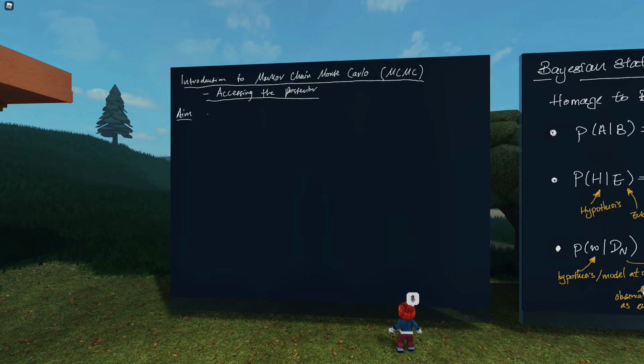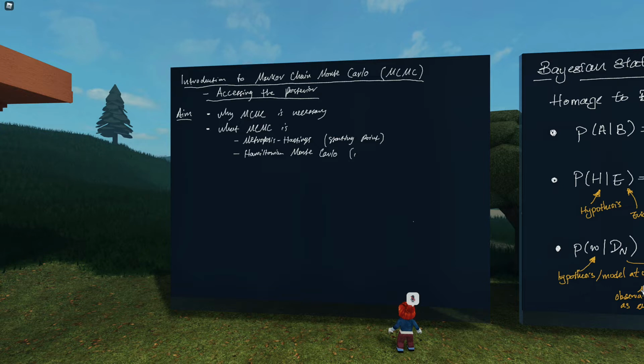So the aim of the talk is to explain why MCMC is necessary, and secondly, what MCMC is, in particular the Metropolis Hastings algorithm, which is the starting point, the most basic version, and then the step up from that is Hamiltonian Monte Carlo, which is the main one that is used in practice, and variants on Hamiltonian Monte Carlo.